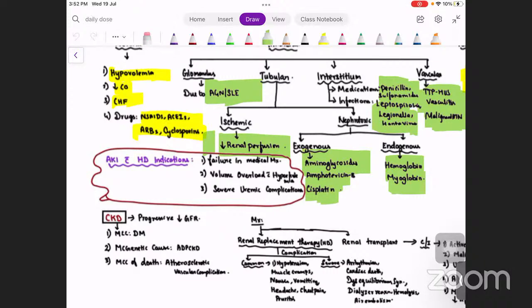We do it in three scenarios. One is whenever the patient has severe uremic syndrome, with hemodynamically compromising uremic symptoms exceeding. That is the time we do hemodialysis. Or the patient has volume overload with hyperkalemia, potassium is rising.